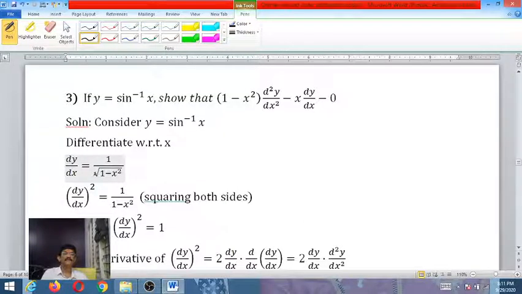So here, whenever this root comes, you always square on both sides. Now dy by dx squaring is dy by dx whole square. Remember it.